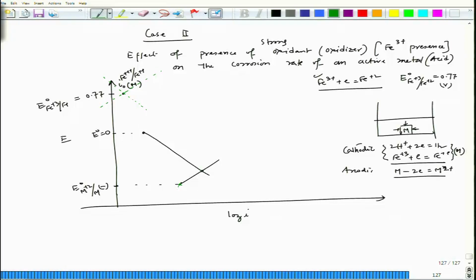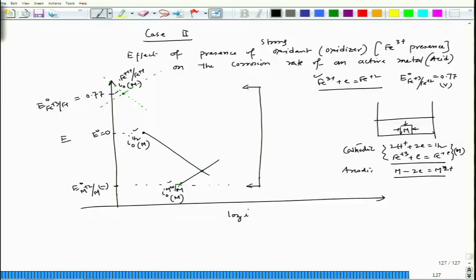Now, this point is I0 of M2+/M on the metal surface, and this is I0 of hydrogen on the metal surface. Since these two potentials are lying below this potential, everything will be coming between these two extremes.